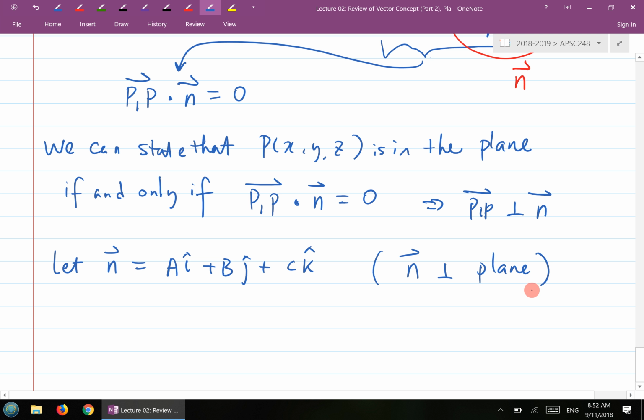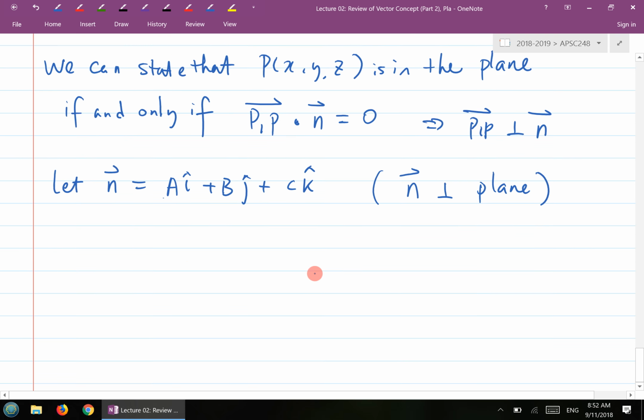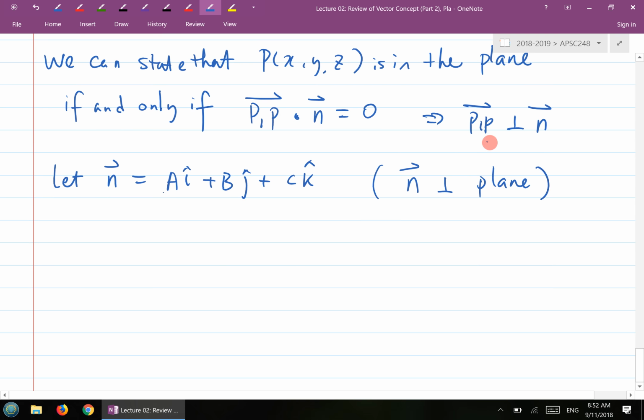Infinite. Okay, they're infinite. So any vector times a different scale, right? You get a completely different vector, even though they all point to the same direction. Okay? Yeah. If you flip the direction 180 degrees, then you get a different vector too. Okay? Yeah. So here's my n vector here. Here's P1P dot the n vector equal to 0.